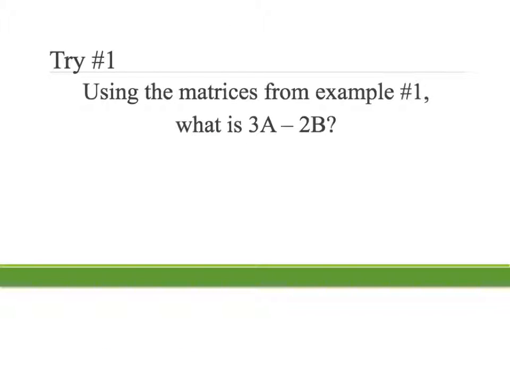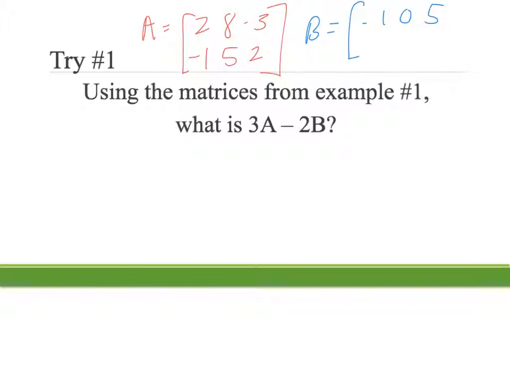In try number 1, we're using the same matrices from the previous example to solve. So just to remind ourselves of what those matrices are, A was 2, 8, negative 3, negative 1, 5, 2. And B is negative 1, 0, 5, 0, 3, 2.